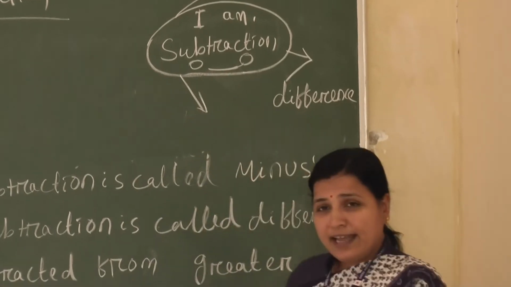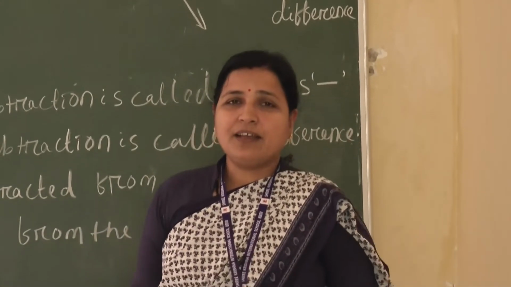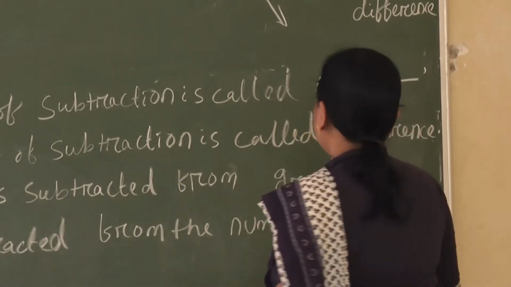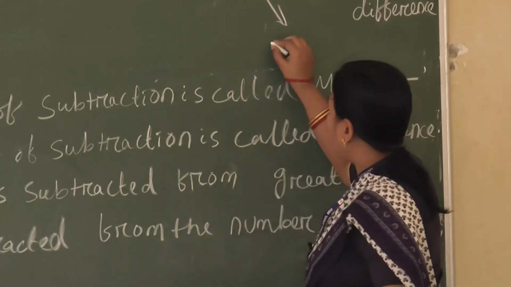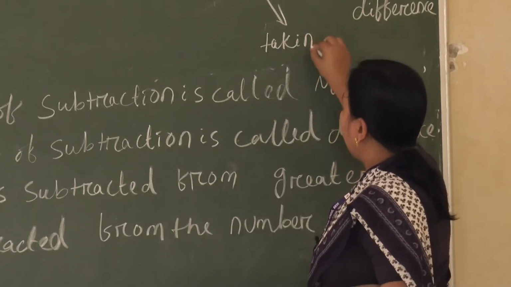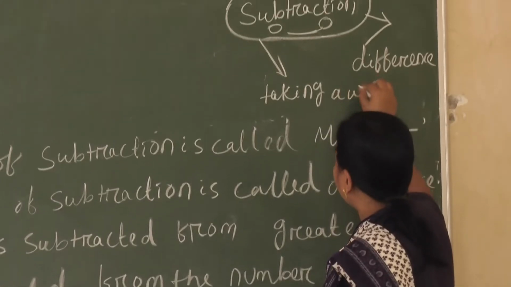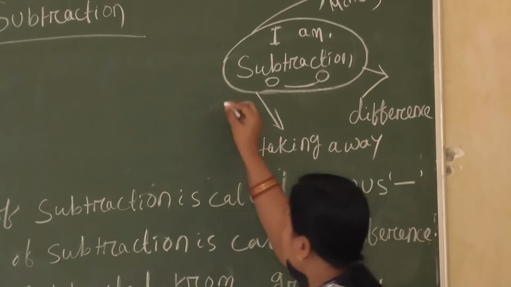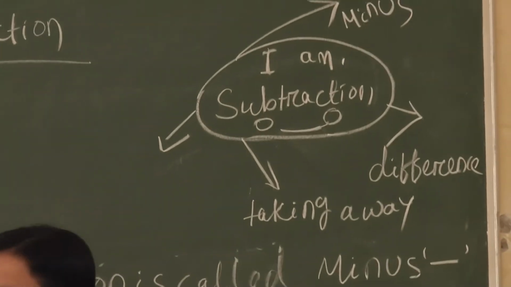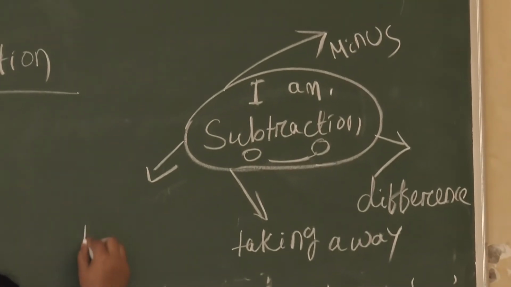Also, when I show you the leaf, that time 2 leaves I will take away, taking away. Subtraction tells you, my other name is taking away. Subtraction tells you I have another name also. What is this name?